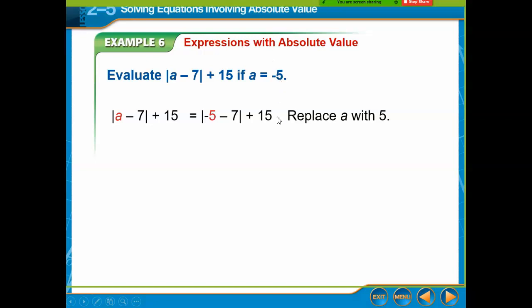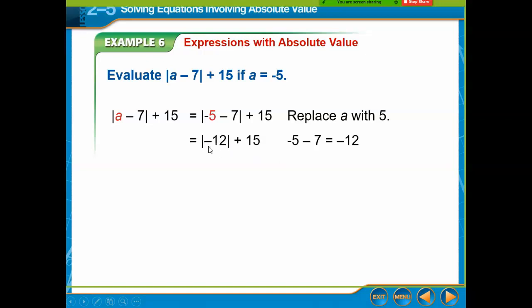This time it's a negative 5. What do you think, Abby? Okay, she thinks different. Anybody think the same? So what's negative 5 minus 7? Go ahead, Zoe. Okay, so negative 12.